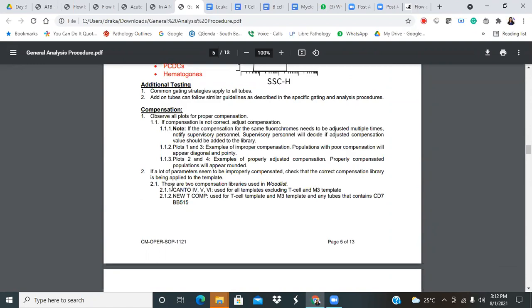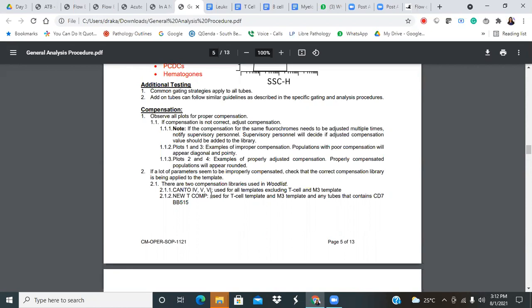In Woodlist they have the Scan 456 and T cell compensation and the other compensation libraries for the particular panels. Usually these compensations should ideally be standardized to those panels and should not deviate, but that's not the scenario that always happens.